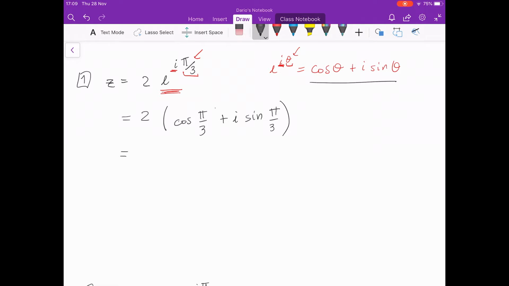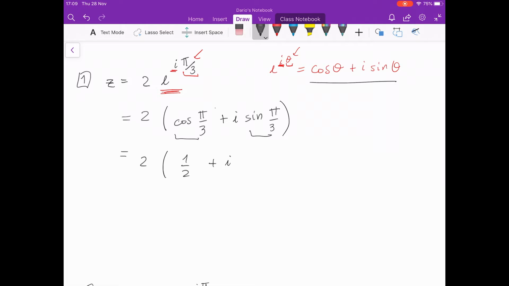And now it's just a matter of using our calculator or our knowledge of trigonometric functions to express cosine of π/3 and sine of π/3 as two real numbers. So in this case 2 multiplies the cosine of π/3, which is equal to 1/2.